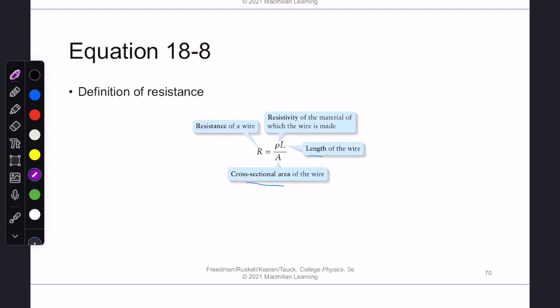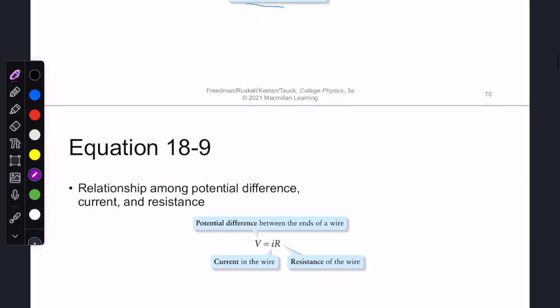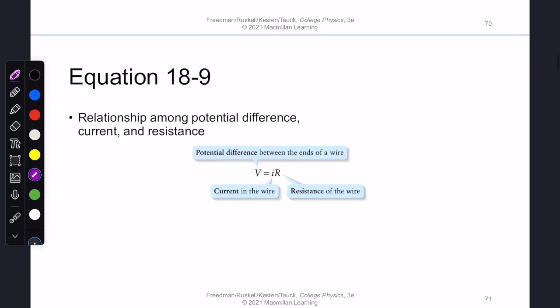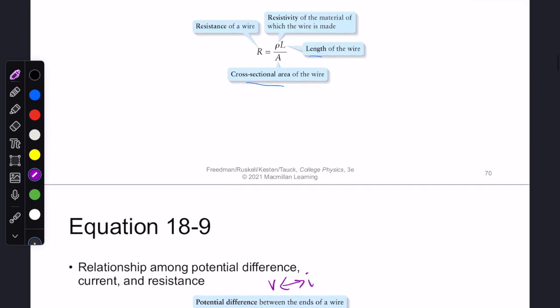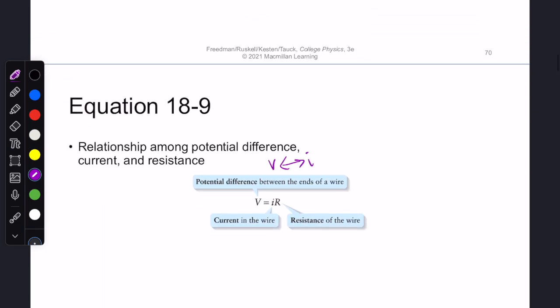So here's the resistance. Resistance is defined as the resistivity of the material times the length of that wire divided by the cross-sectional area of the wire. And the relationship between V and I is given by V equals IR, where R is right up here. And V equals IR is also called Ohm's law.